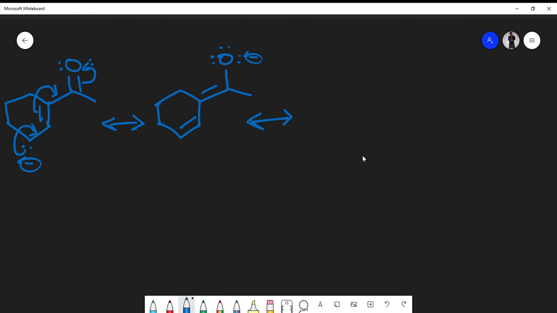And the answer is actually yes. Let me use a different color. I could take one of these electrons, reform a double bond, and kick this double bond onto the carbon that's right here. If I look at this, I still have my double bond here.